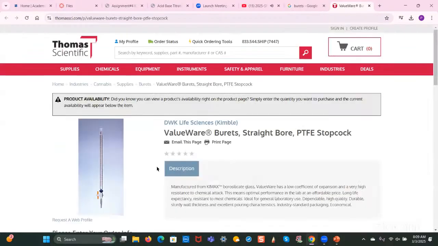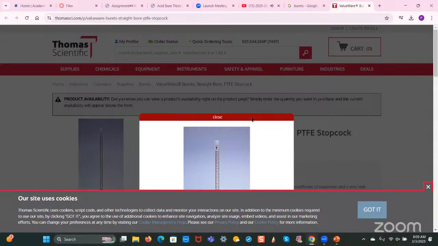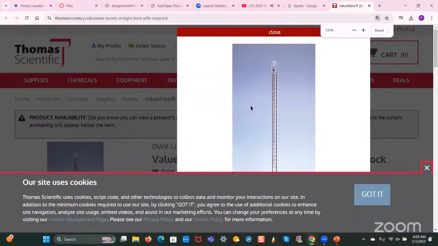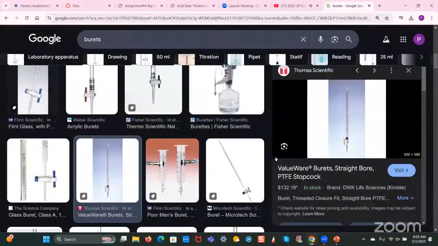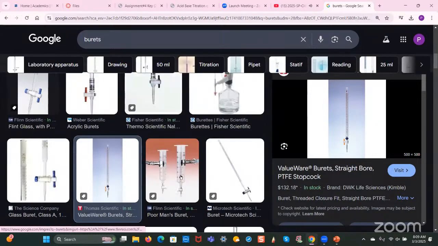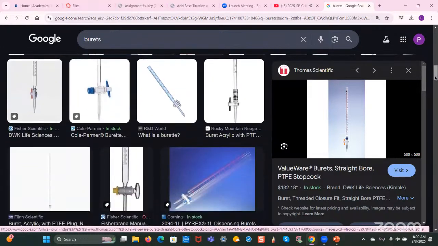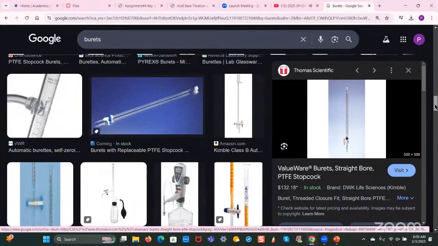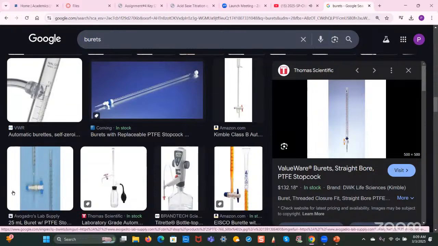I'm just gonna see if I can enlarge on this. Okay, it's not working. Let me go back. I've never seen these before. This is interesting. Poor man's burette. Never heard of that one. All right, let me just use this one right here.